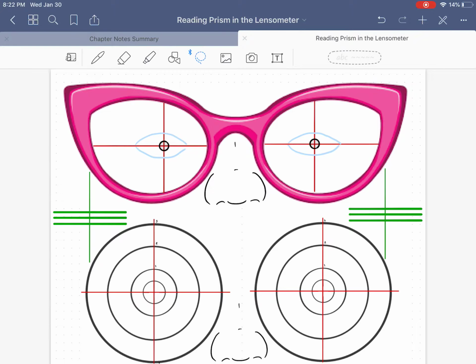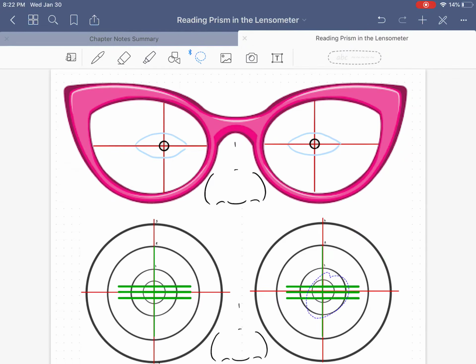All right, so when we bring in the component of the lensometer power lines, most of the time they're going to be centered right at the center of the target, which means that they're centered right over top of the patient's eye.